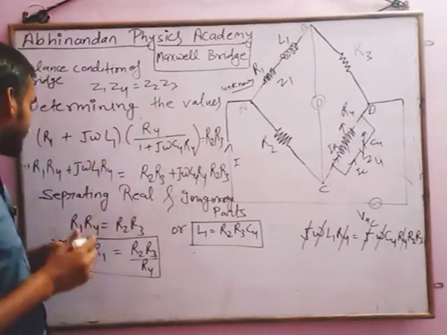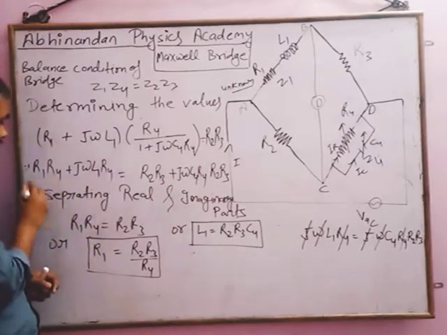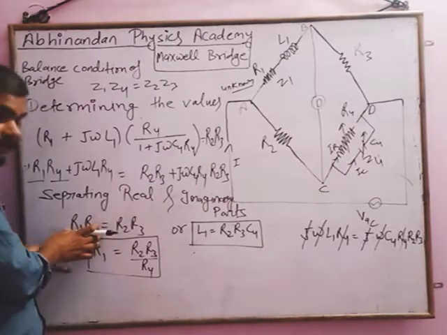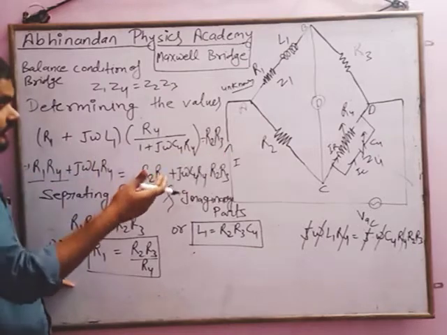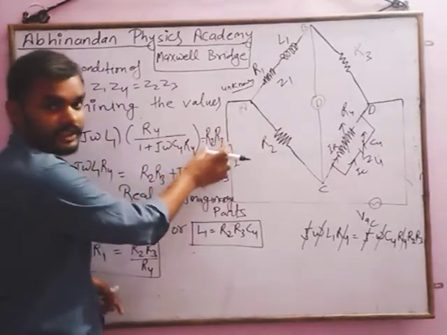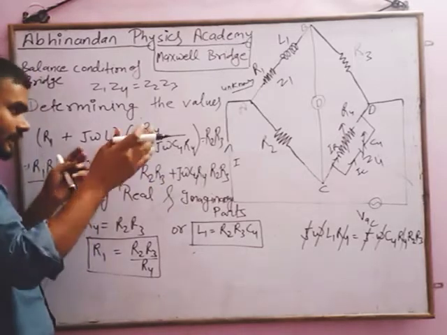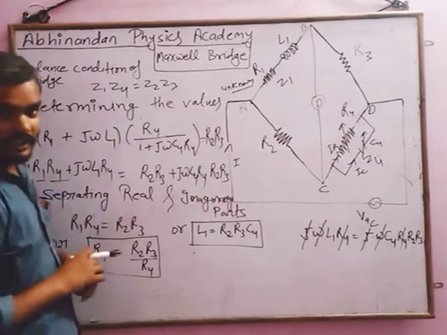What is the real part? The real part on one side is R1 R4, and on the other side it is R2 R3. So we can write both real parts as R1 R4 equal to R2 R3.